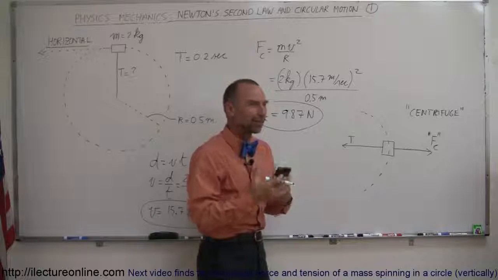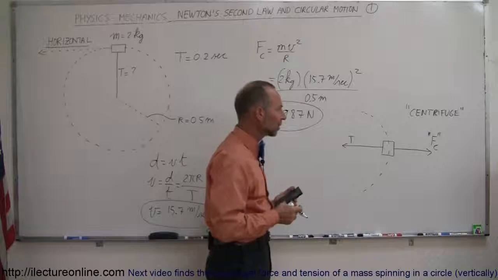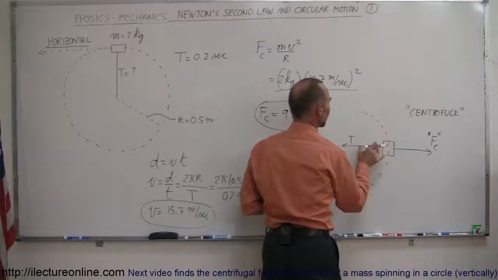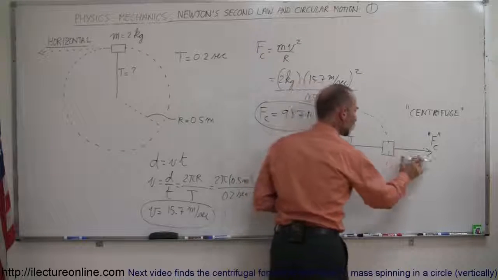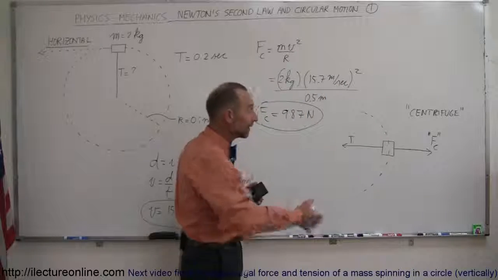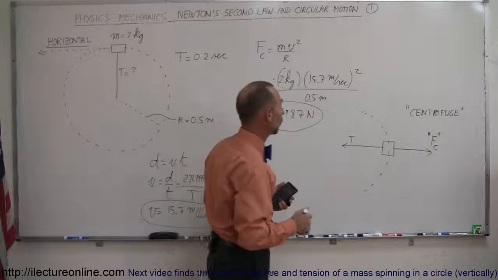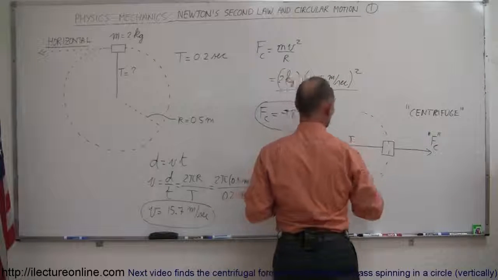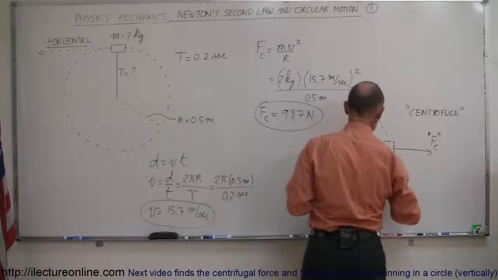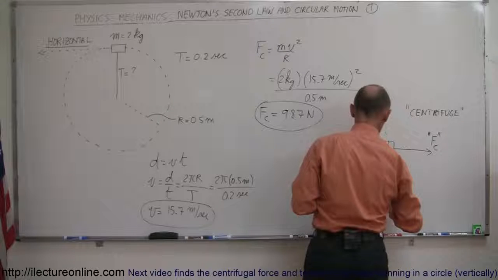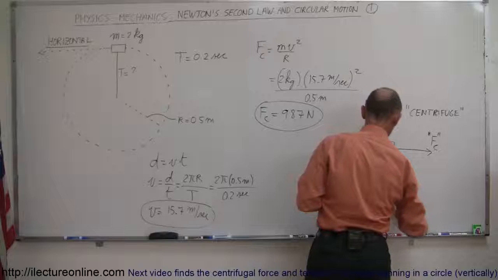So since we have that in our daily experiences, we can think of those two forces being equal, the tension pulling to the left and the centrifugal force pulling to the right. And if they are equal to each other, then things stay in a circular path.